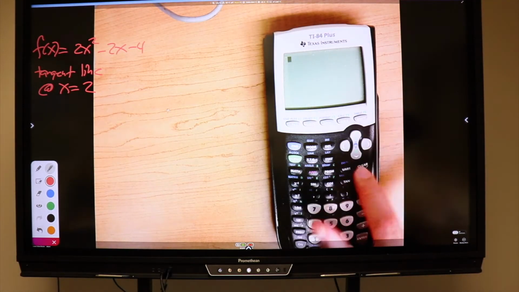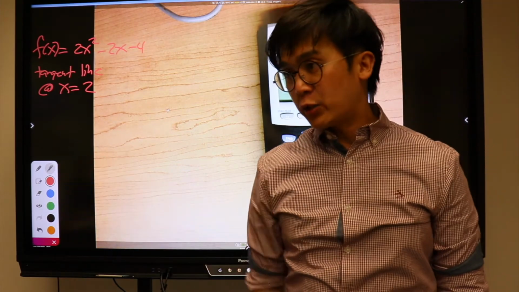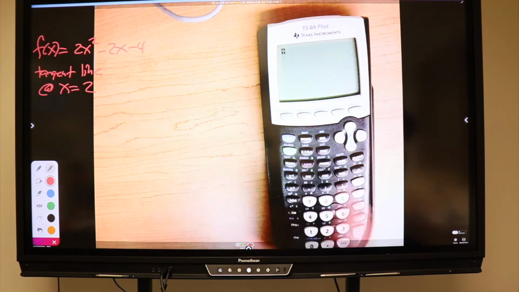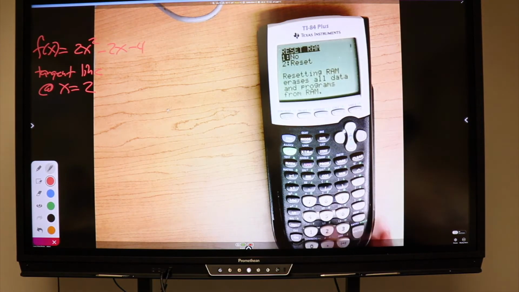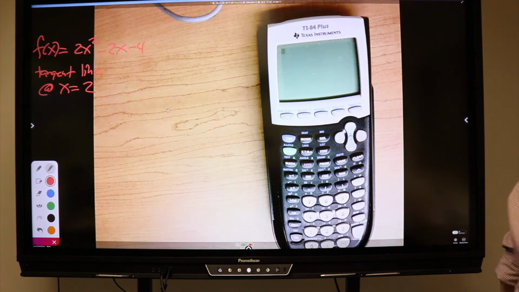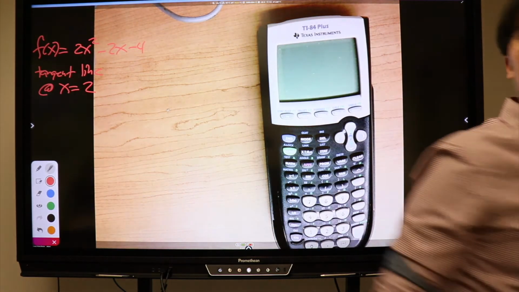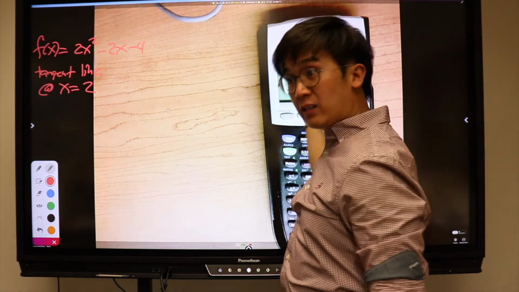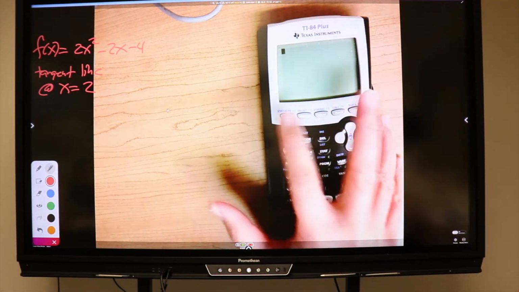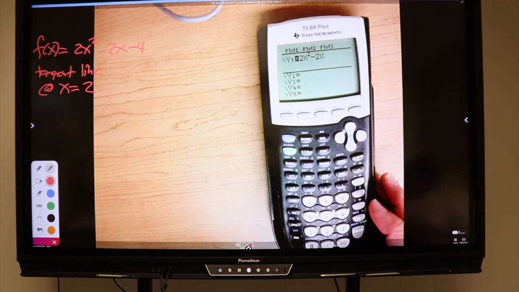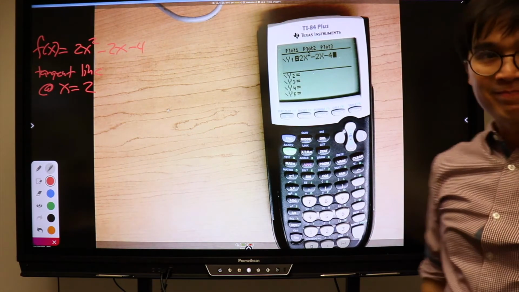Okay, I'm excited. Best practice, always reset your calculator. Second plus 712. Alright, so step 1, defining the function in your calculator. Type in your function now.